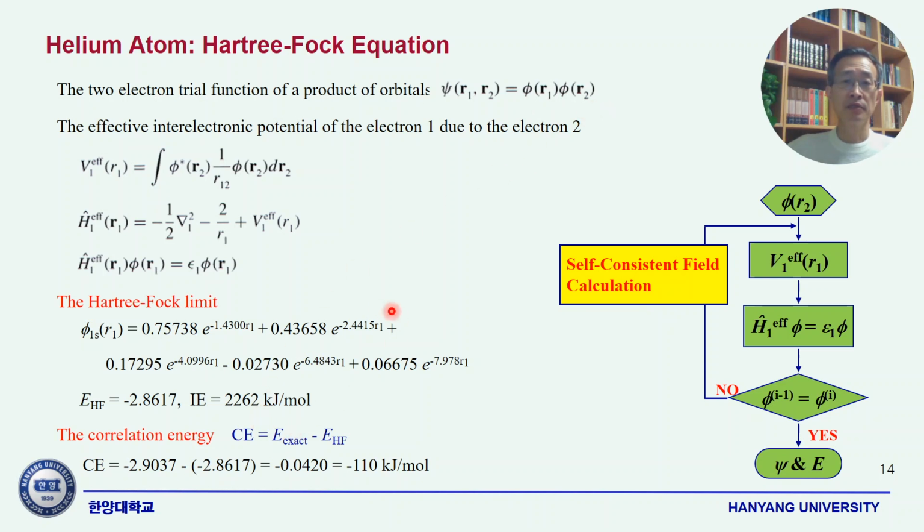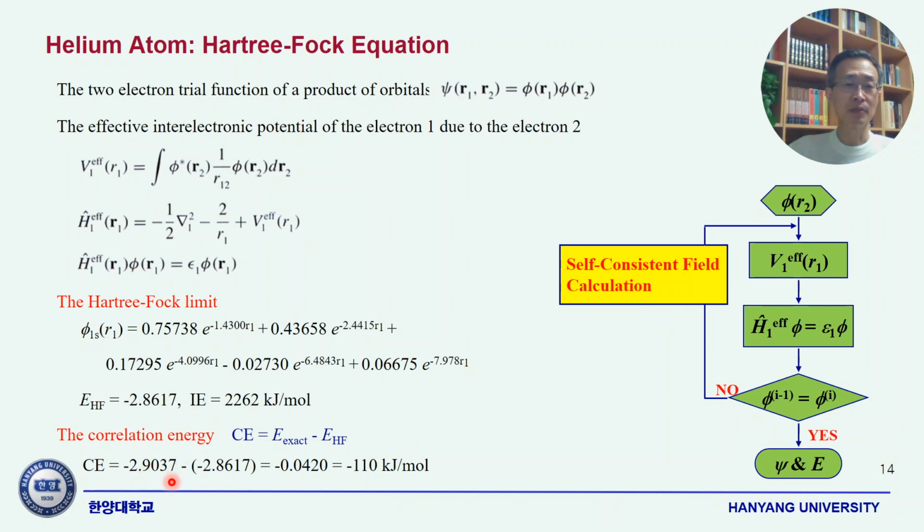And then there is the correct energy from the experimental value of the ionization potential, which is minus 2.9037. Well, this is a bit different, but this is not experimental, but more accurate in calculation. Experimental also entails an experimental error. So this is known to be the exact number.